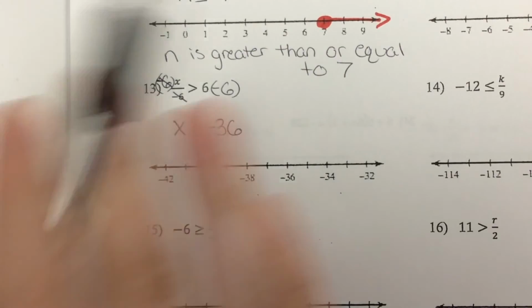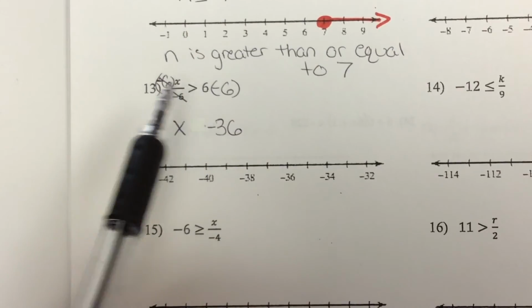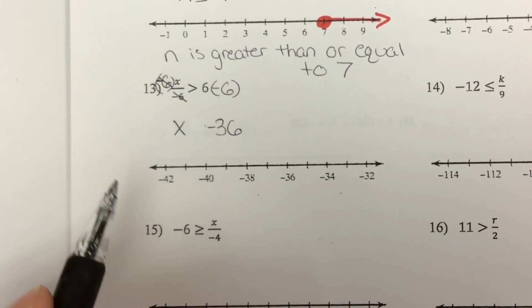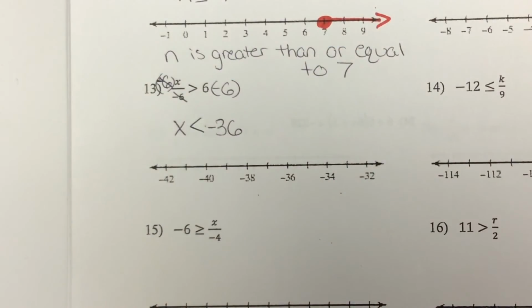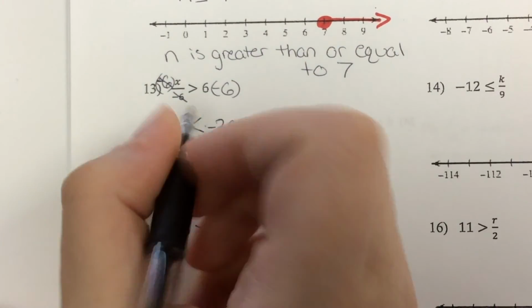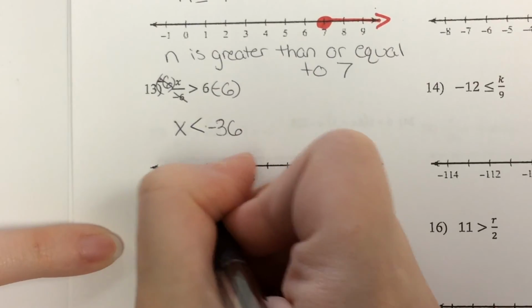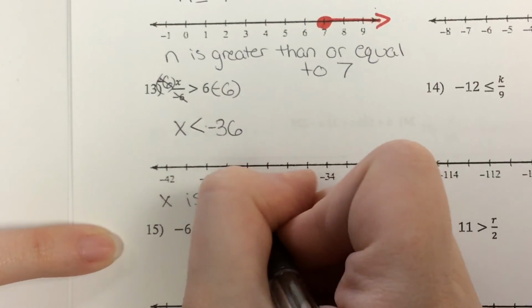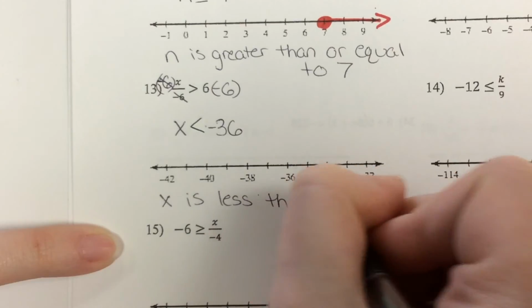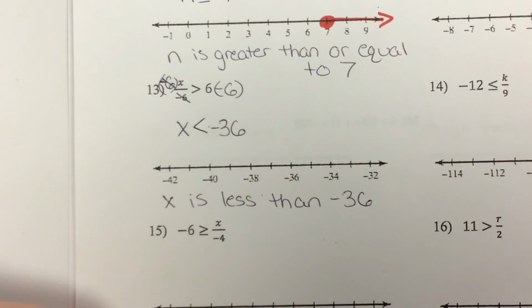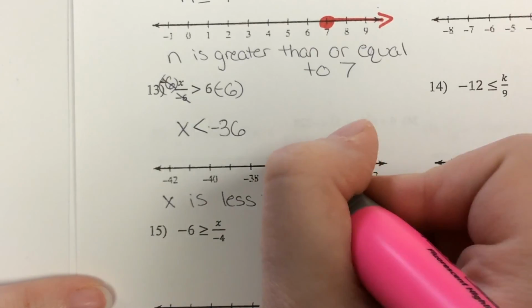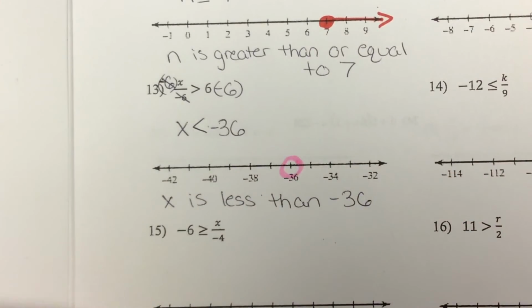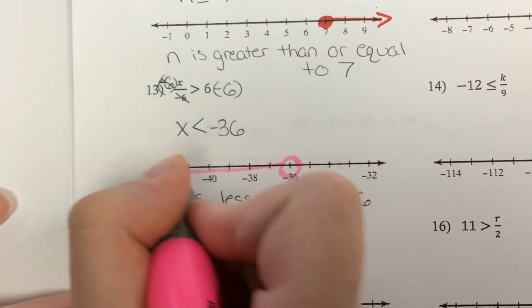Anytime we divide or multiply by a negative number, which is what we did here, we multiplied by negative 6, we need to flip the sign. So written as a sentence, x is less than negative 36. Negative 36 is here. We're talking less than, so open circle, and less than numbers go in this direction.